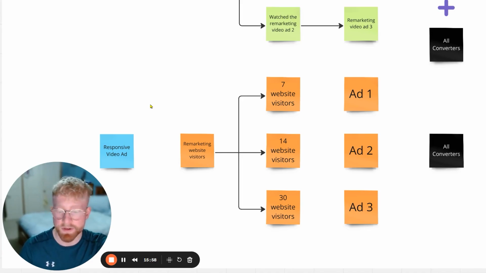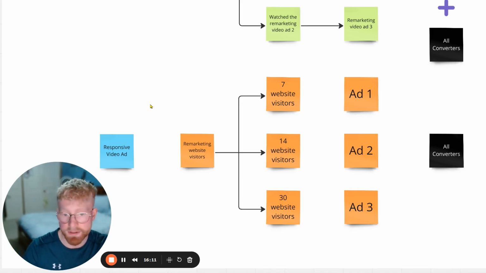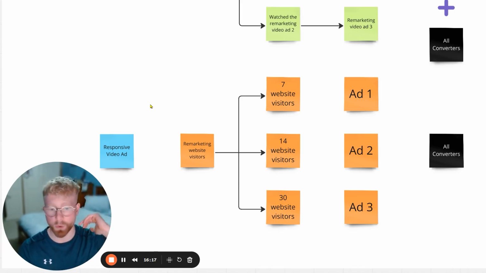So exclude 7 days from 14 days, and then you'll be only targeting anyone who's visited the website from 8 to 14 days. And then do the same thing with 30 days, exclude 14 days. So it's a sequence. Cool. And then you want to exclude all converters.